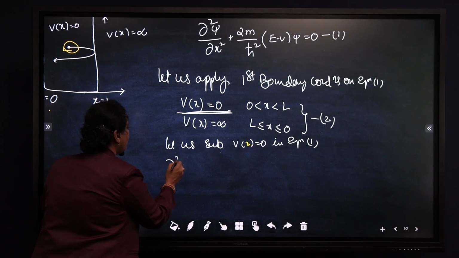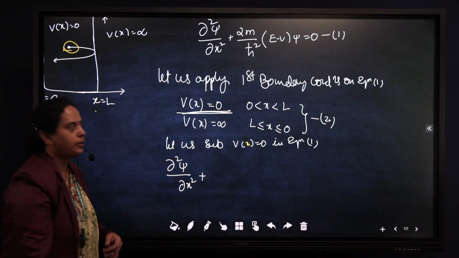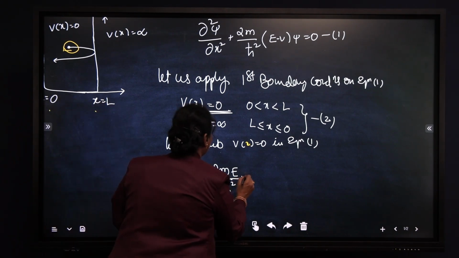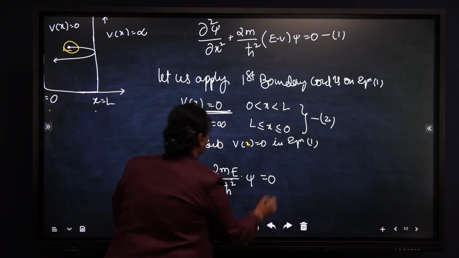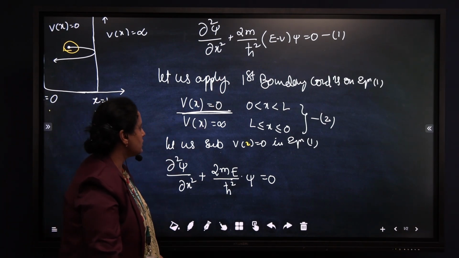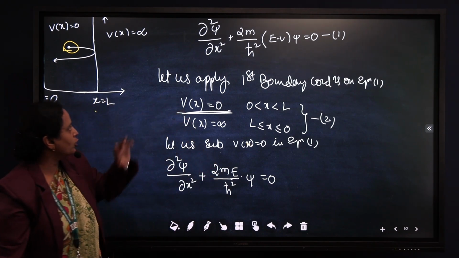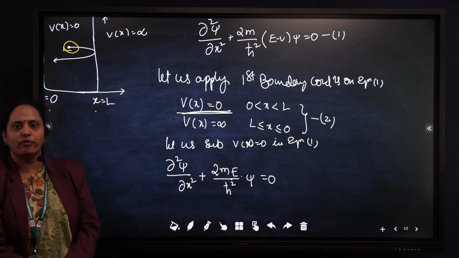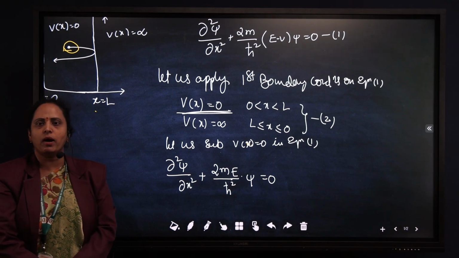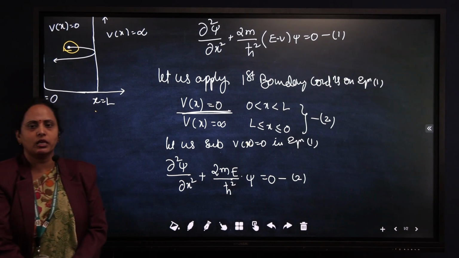Because V becomes 0, it comes out to be dou square psi by dou x square plus 2mE by h bar square into psi equals 0. Make it equation number 2.